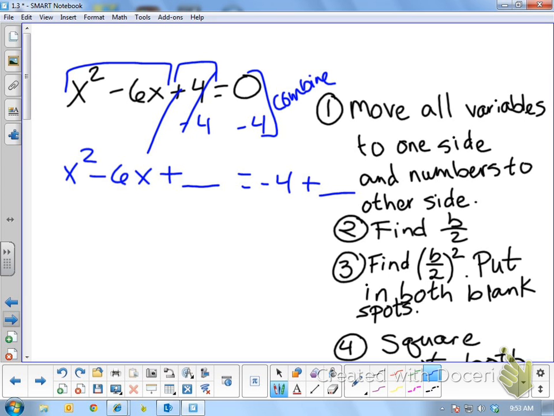So now, on this left side, I can do the completing the square process. We take the middle term b and divide it by 2. Negative 6 divided by 2 is negative 3.